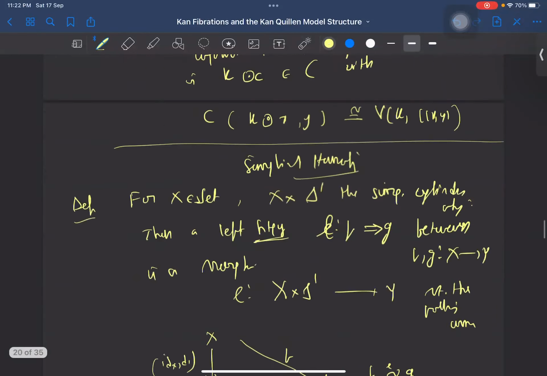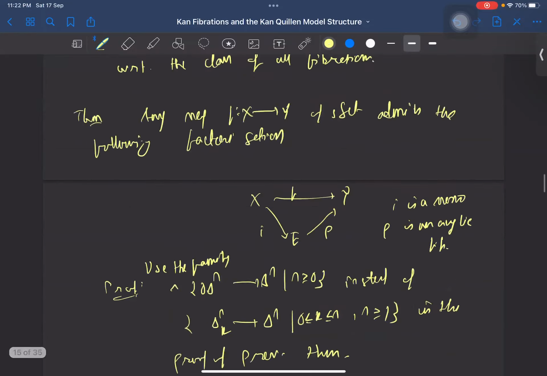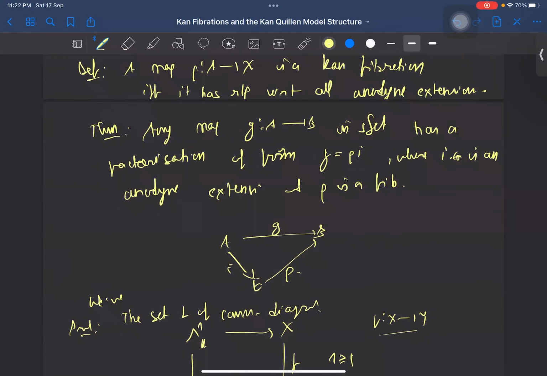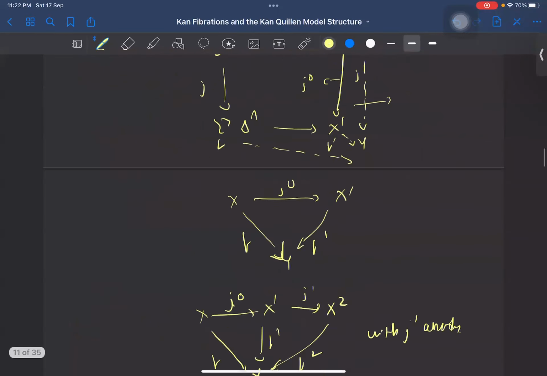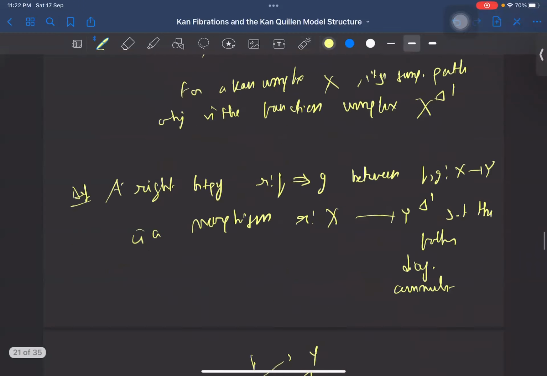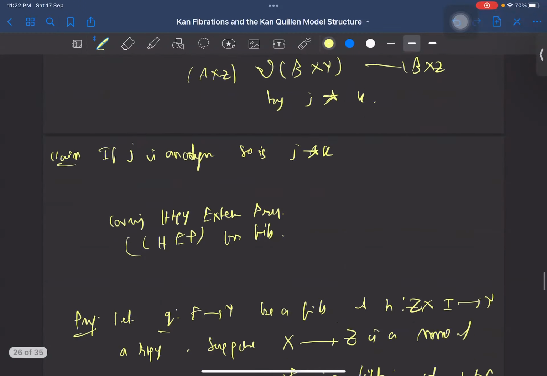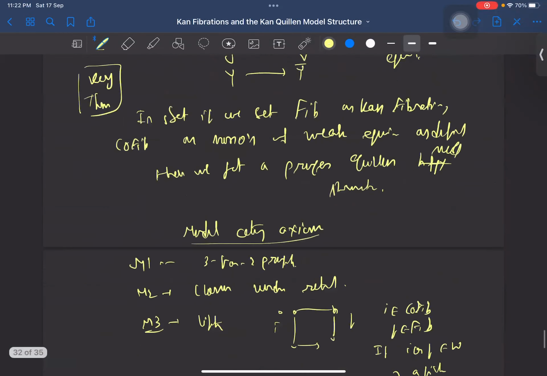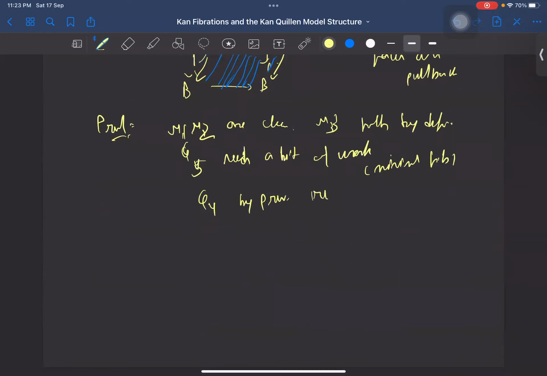So these two, this theorem and its corollary, give you this sort of a factorization. So we can use this to prove Q4. By that we get a model structure that is called the Kan-Quillen model structure, by previous results.